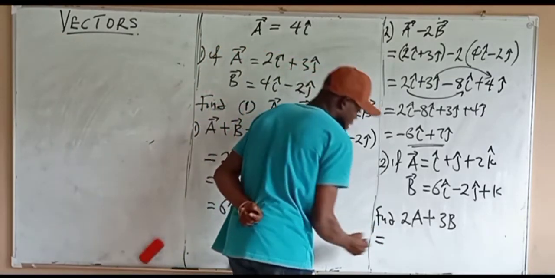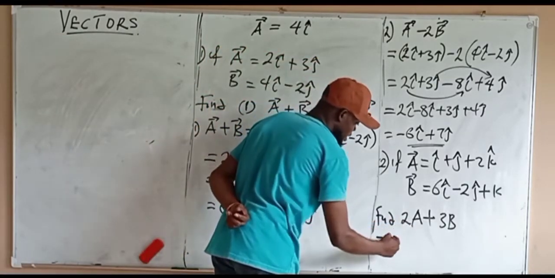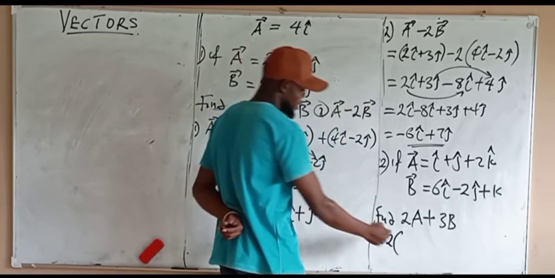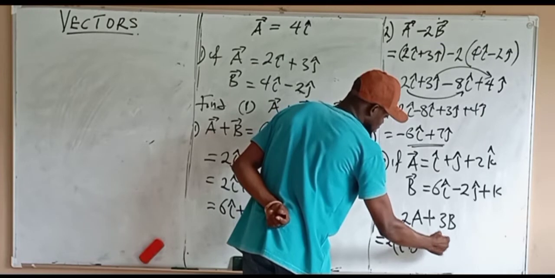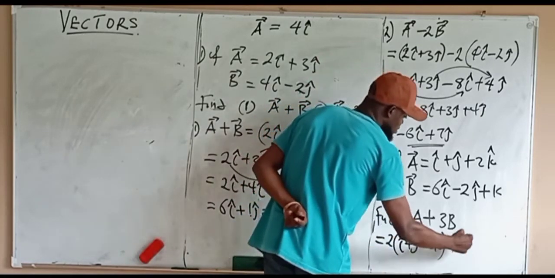So the answer will be 2A, that is 2 times I plus J plus 2K, plus 3B.